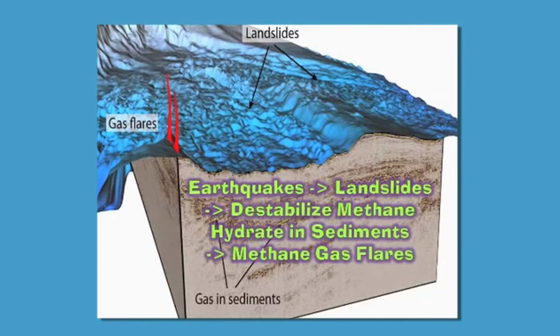They can also cause landslides under the ocean. So if you have an earthquake, you can get a whole landslide of sediment, and that sediment can start to emit methane as well, and methane gas flares.